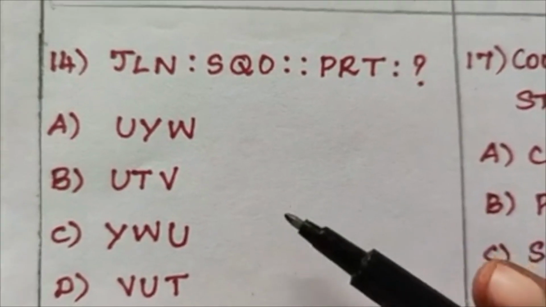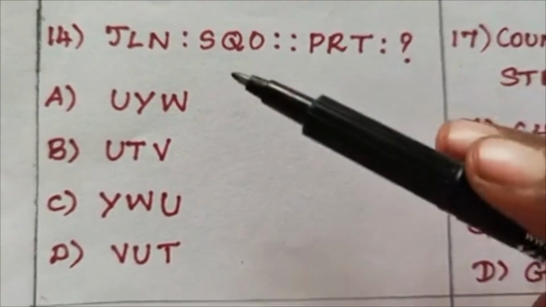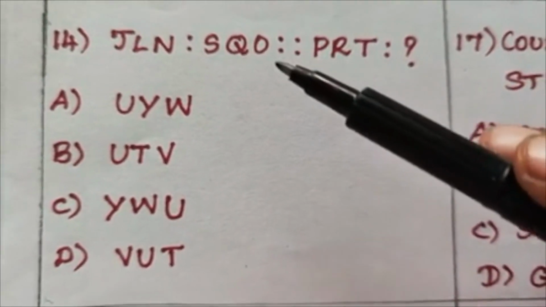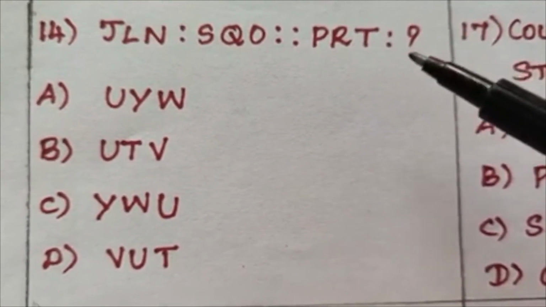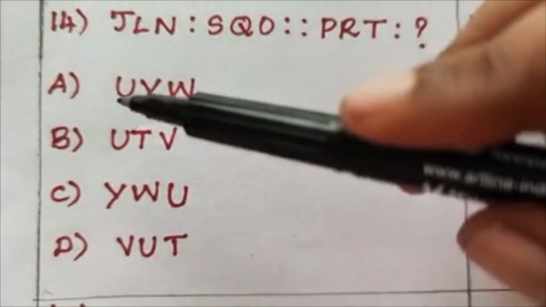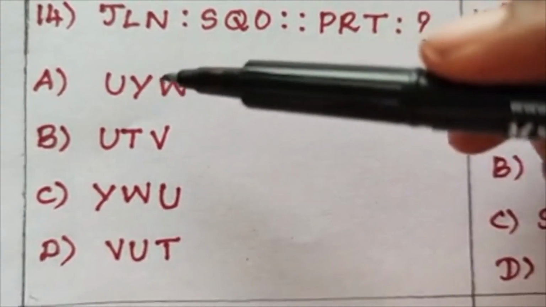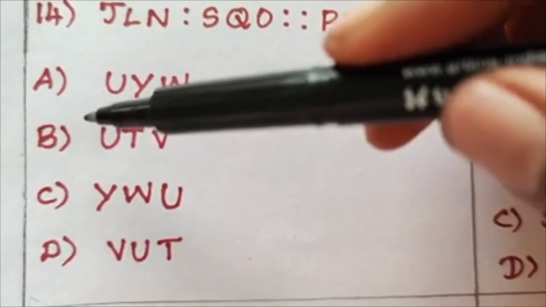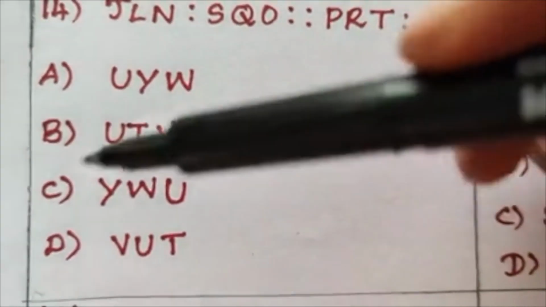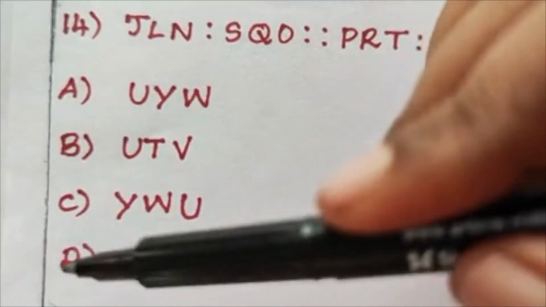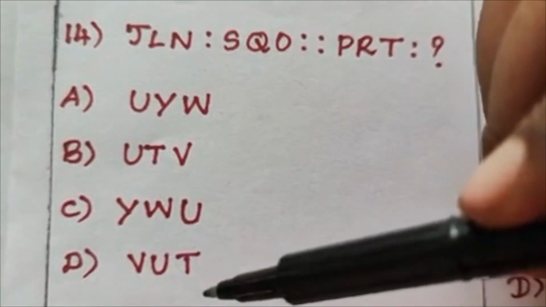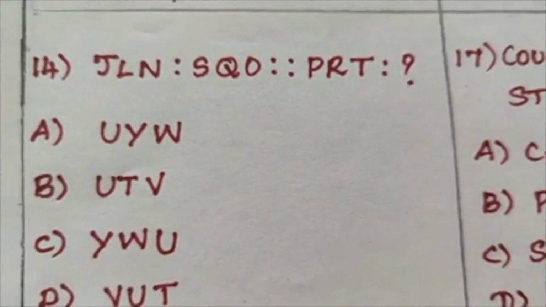JLN is related to SQO. In the same way, PRT is related to what? Option A, UYW. Option B, UTV. Option C, YWU. Option D, VUT. So look at the question.